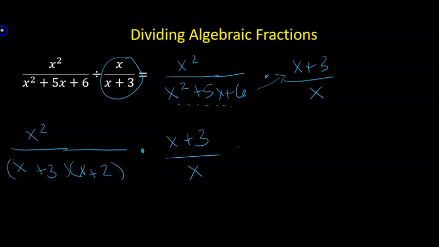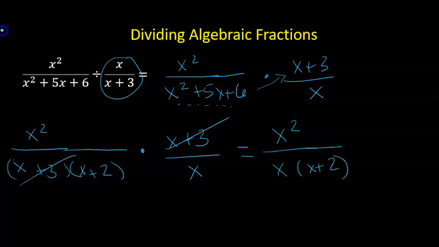Yeah, cool. Let's see, we can get rid of these, which would make it x squared over x plus 2. Let's see, that becomes 1. That becomes x, which gives us x plus 2. That's our final answer.